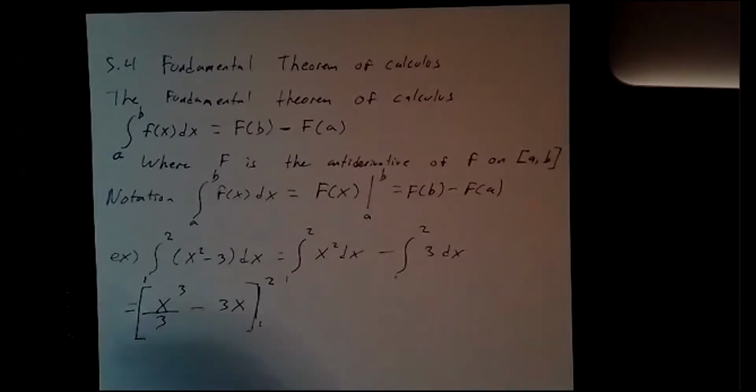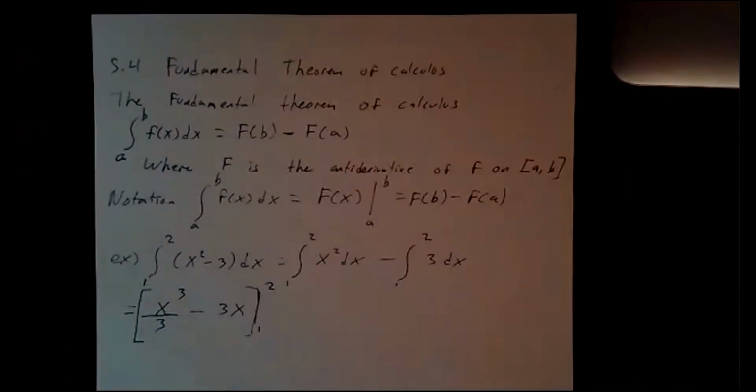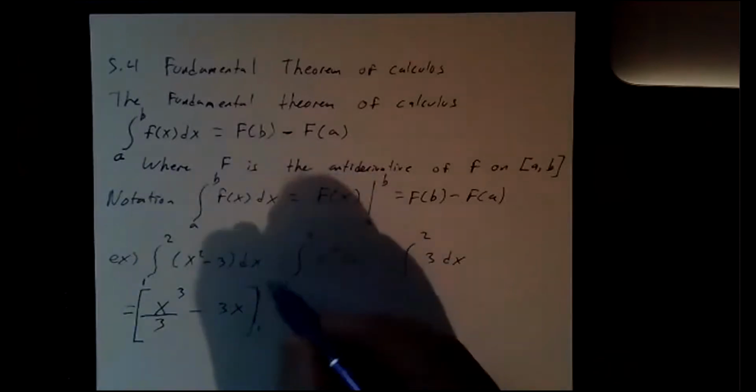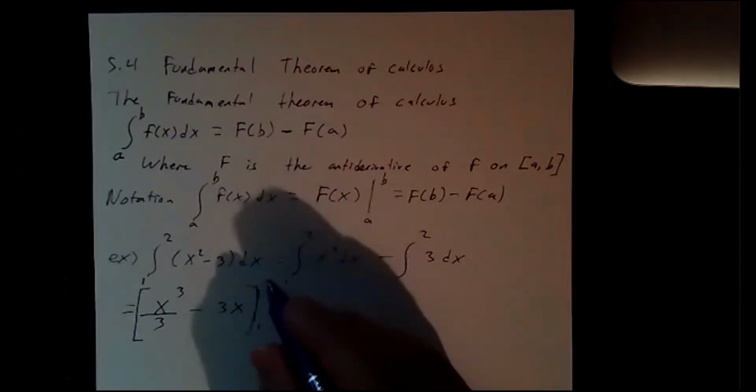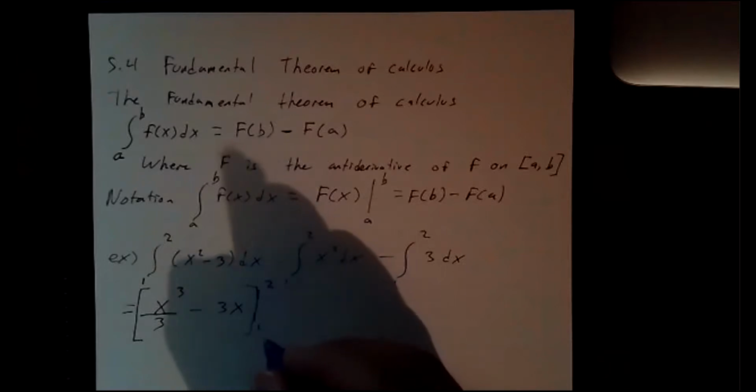So on this section, they're assuming you're comfortable with the integration stuff. But if you miss something or you don't see what happened, let me know. It's not a big deal. But the new stuff starts here. So we evaluate the function at 2 minus the function at 1.